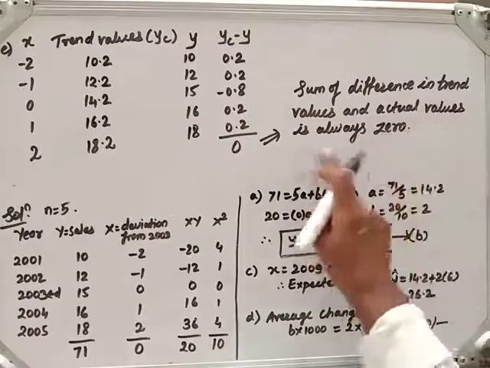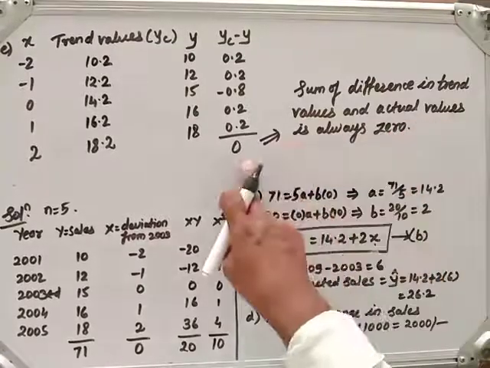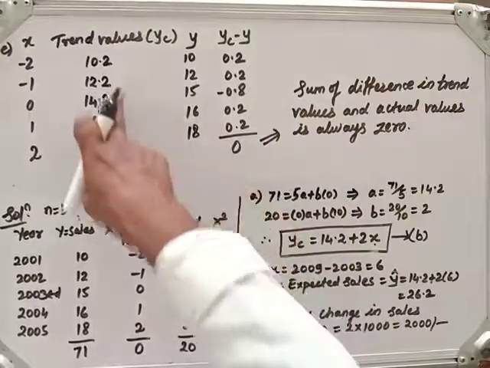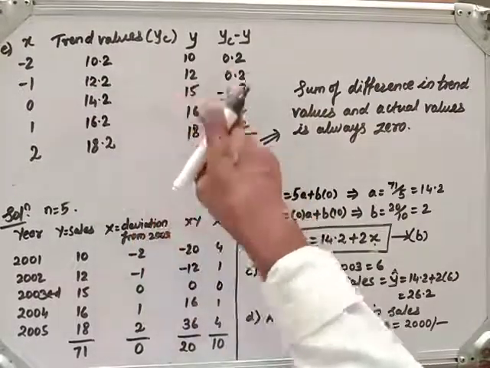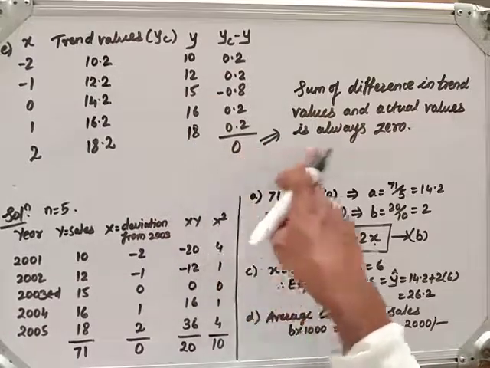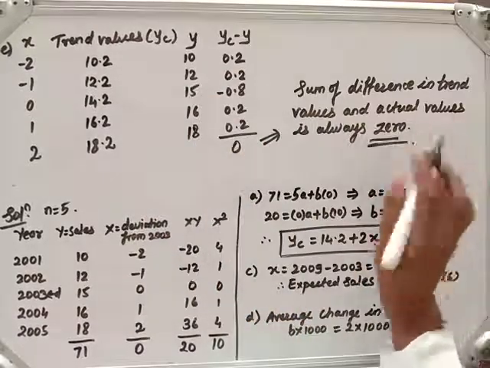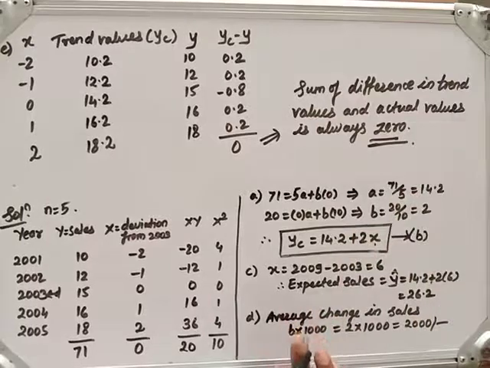I haven't taught you that part, while I have to show you that thing. These are trend values and these are actual values. If I take a difference and take a sum of them, that sum is always 0. Remember this, from this example.